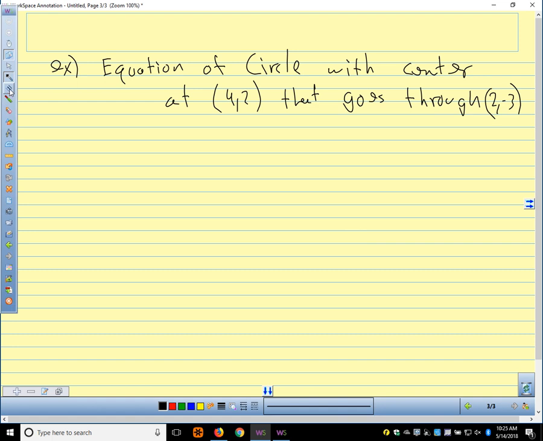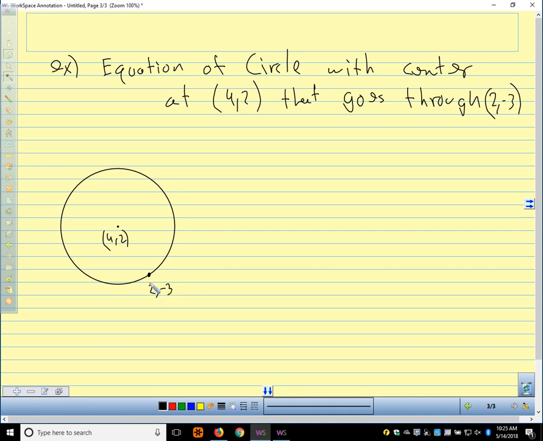We don't necessarily have to draw a picture, but just so we can visualize this: we have a circle. We know the center is at 4, 2, and we know that this point on the circle is at 2, negative 3.